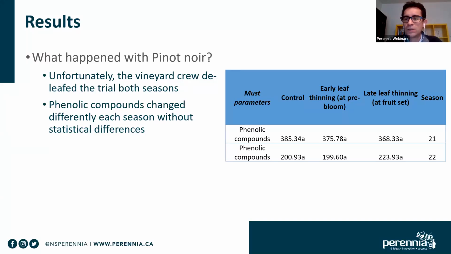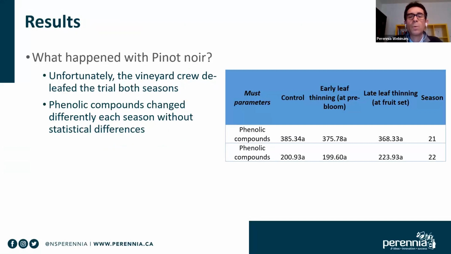Meanwhile, in 2022, it was the leafing at fruit set. The vineyard crew passed at almost the end of July, when we had already gone through every treatment, so the differences cannot be seen.